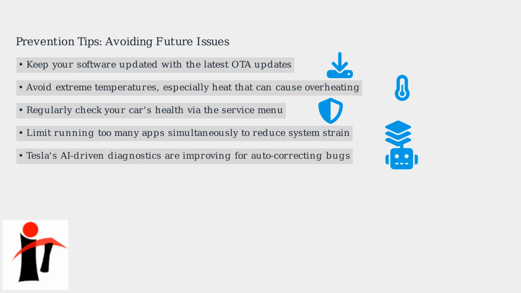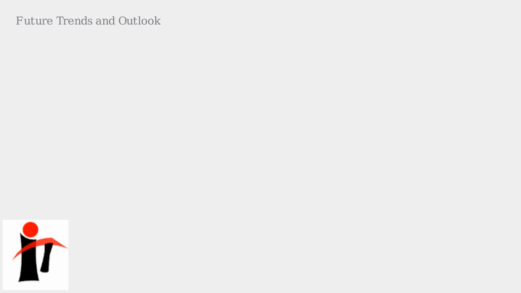Tesla is improving its AI-driven diagnostics, which will soon autocorrect minor bugs and reduce the need for manual interventions in future updates. Looking ahead, Tesla is implementing proactive AI-driven diagnostics that can predict and prevent screen freezes before they occur. Hardware upgrades are being phased in, including OLED displays that offer greater reliability and better performance.